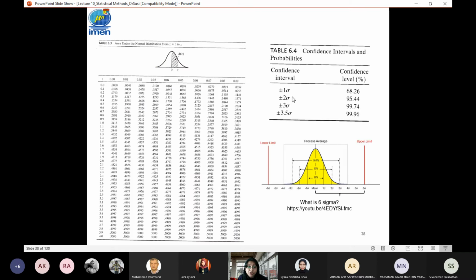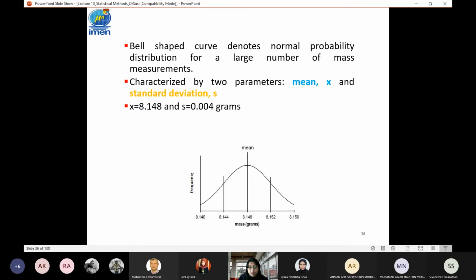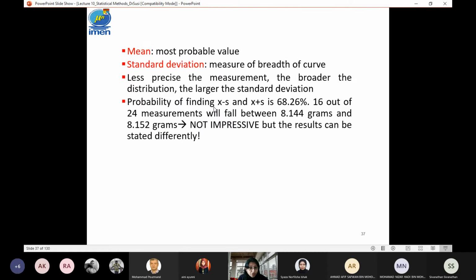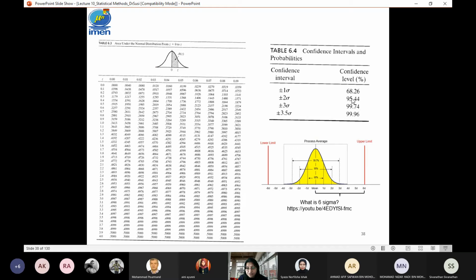If you take 2 sigma, look at the confidence level, it's 95.44%. So you report your data as 8.148 plus minus 0.008, because now you're using 2 sigma. And what is your confidence level? It is 95.44%.